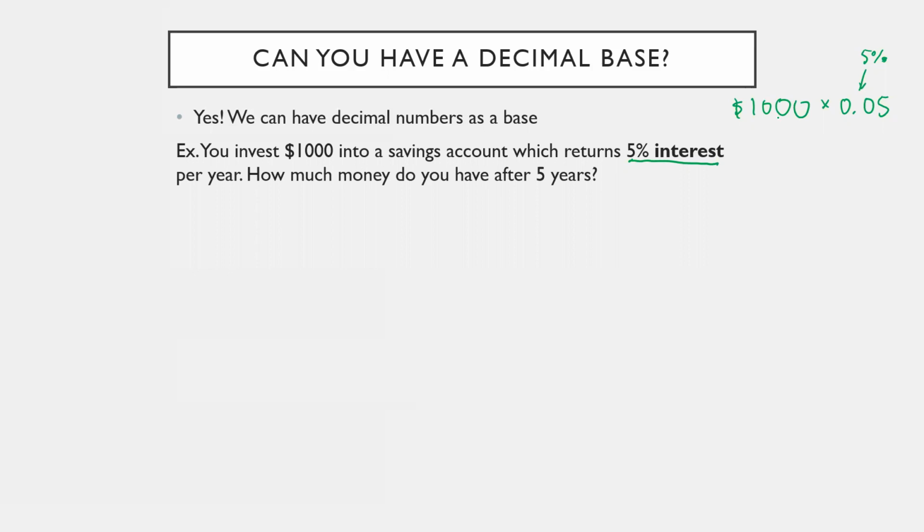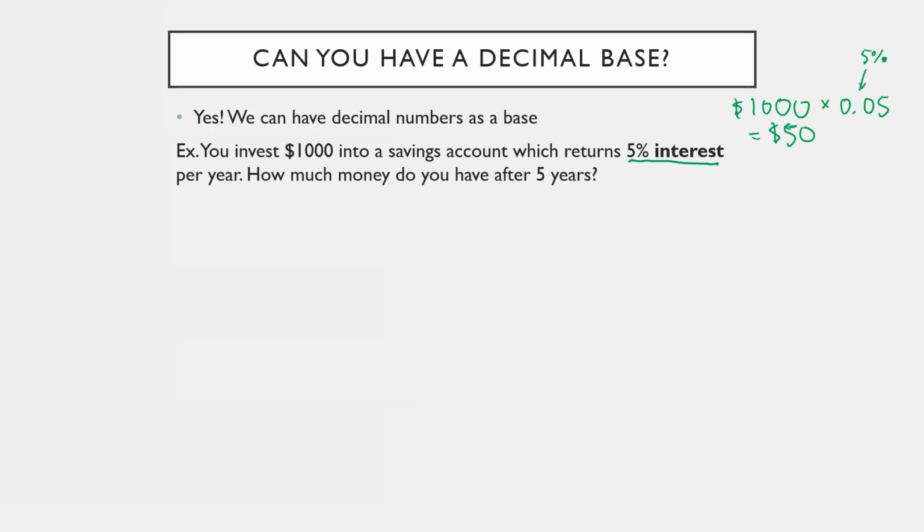It's a great topic, but we won't cover it as much. So I just want to briefly talk about how we calculate interest. We take 1,000 and multiply by 0.05, or you could take 1,000 divided by 100 and then multiply by 5. Either way, you should get $50.